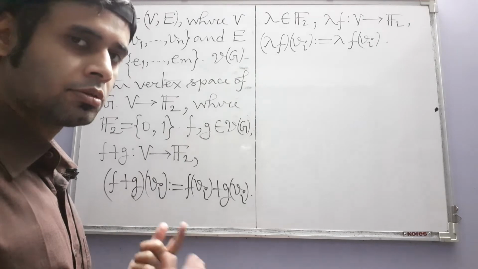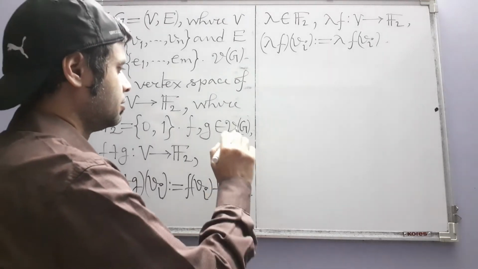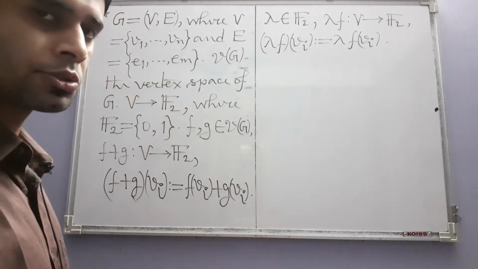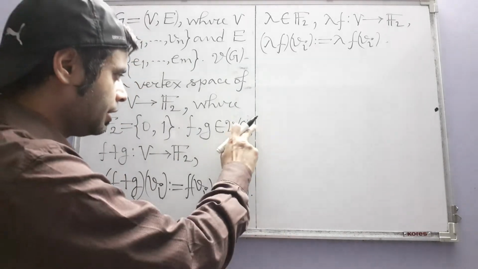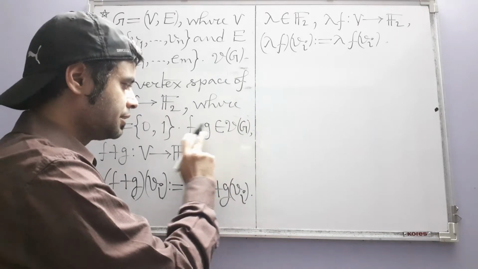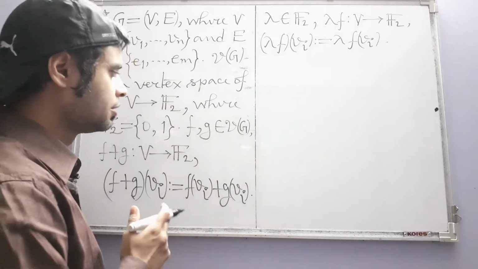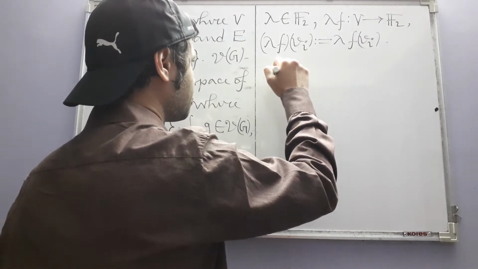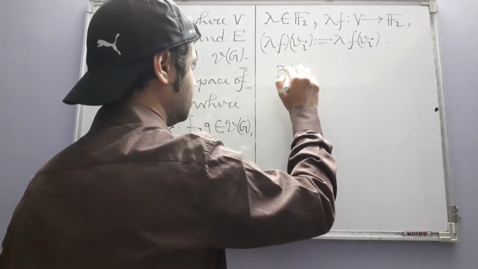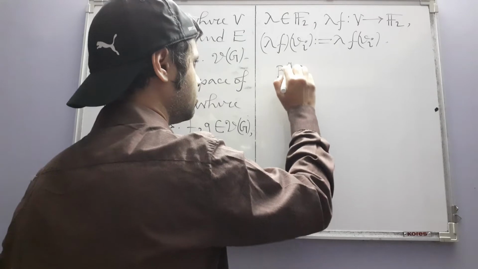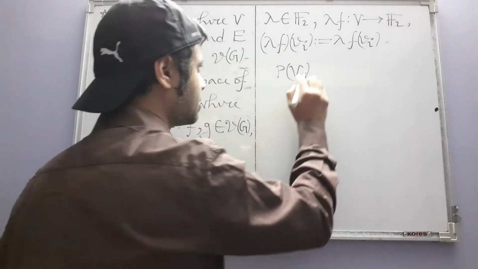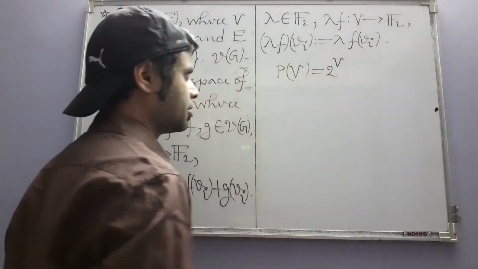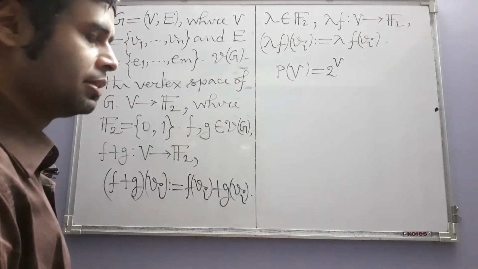Then we saw more things, like one can set up a natural one-to-one correspondence between the elements in nu of G, which are of course functions like this, and the elements in the power set of V, which sometimes is also denoted like this, 2 to the power V. They mean the same thing.